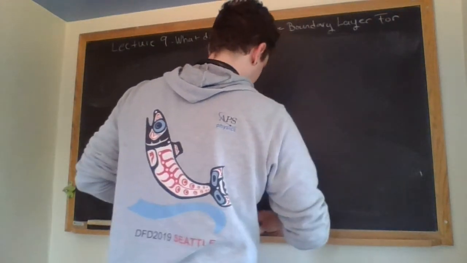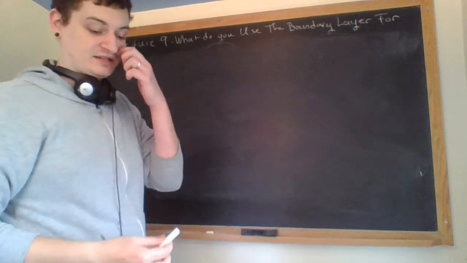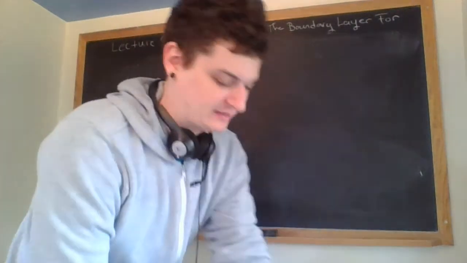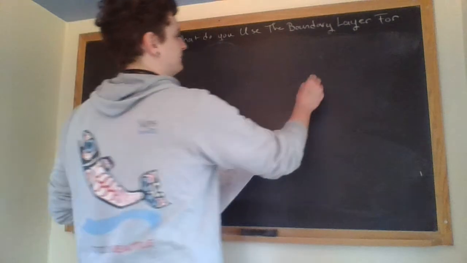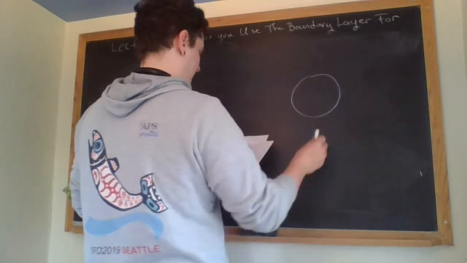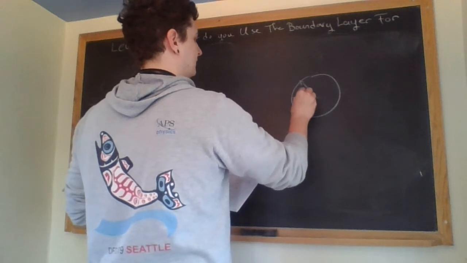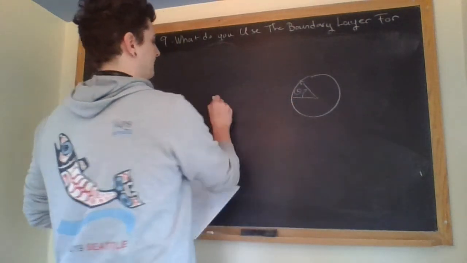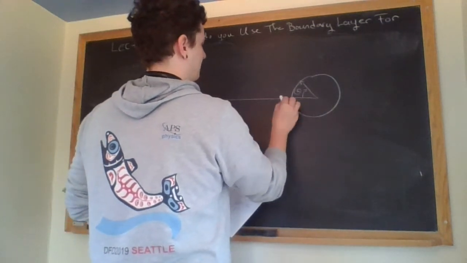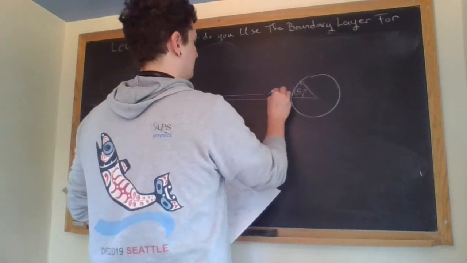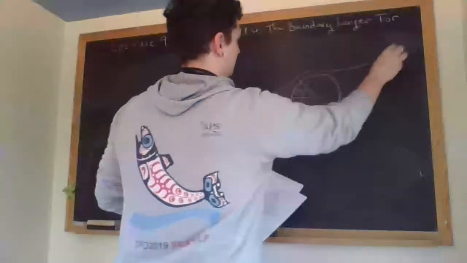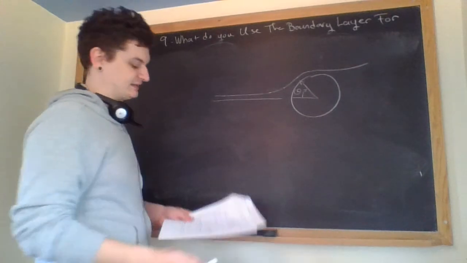So those are just a bunch of inequalities I showed you, but the best way to maybe understand what's happening right here is if you draw this flow over a cylinder. And you get something like this that we see experimentally.